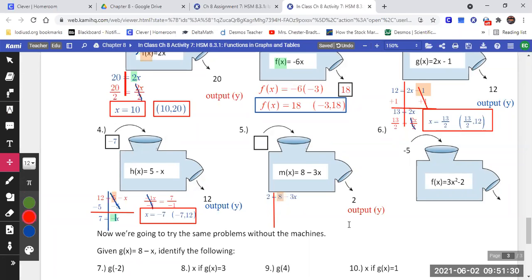So remember, when it's at the bottom, it's always an output. Okay, subtract 8 from both sides because I see it as a positive 8. I agree.